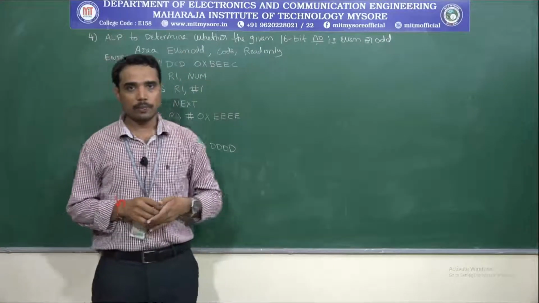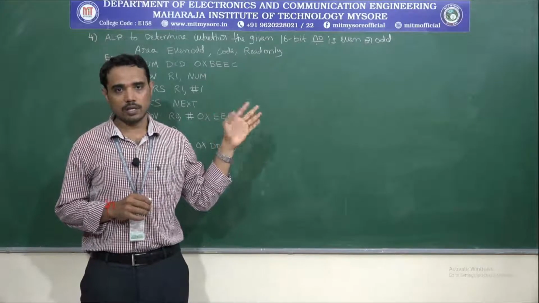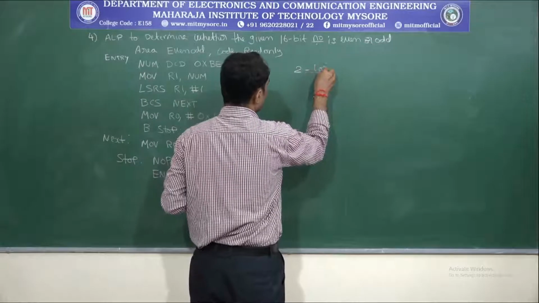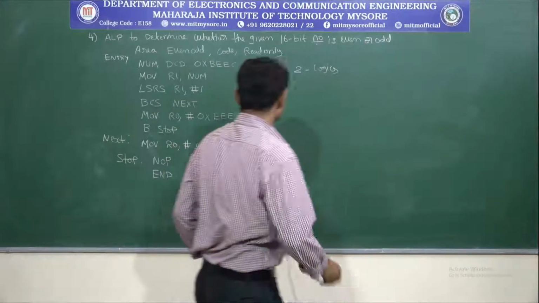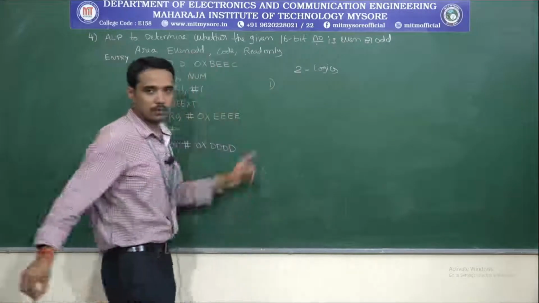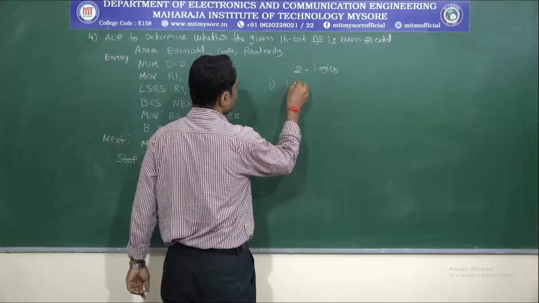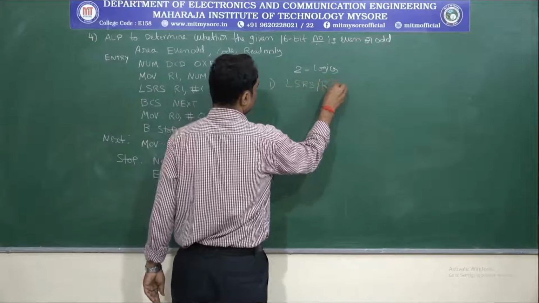We all know that to determine whether a given number is even or odd, there are two logics. The first logic is using rotate right or shift right, that is, we can use LSRS or ROR.